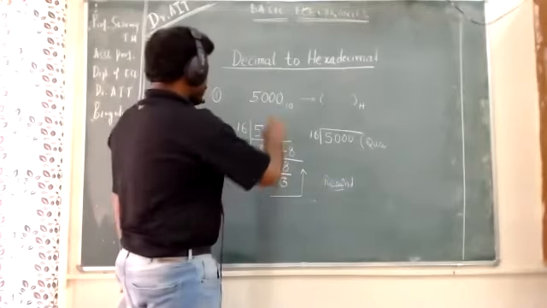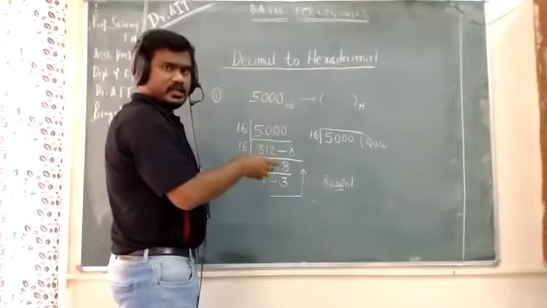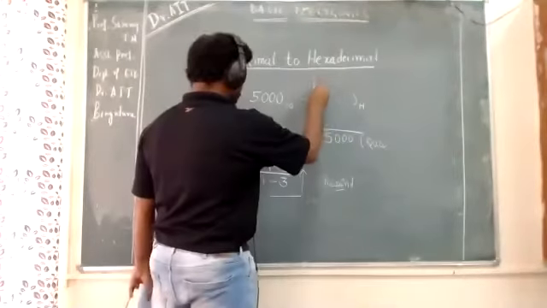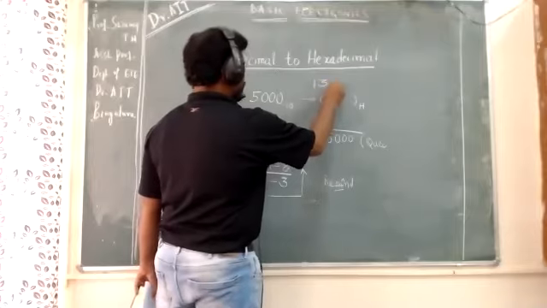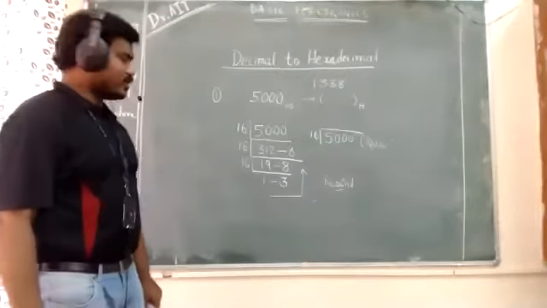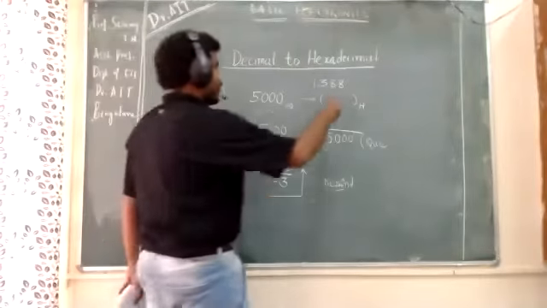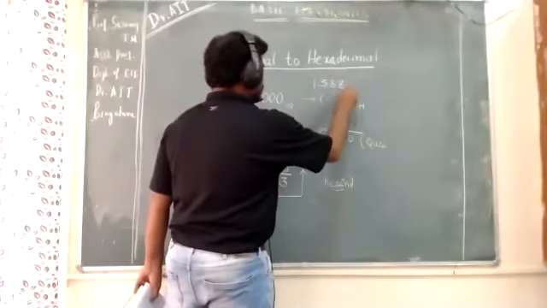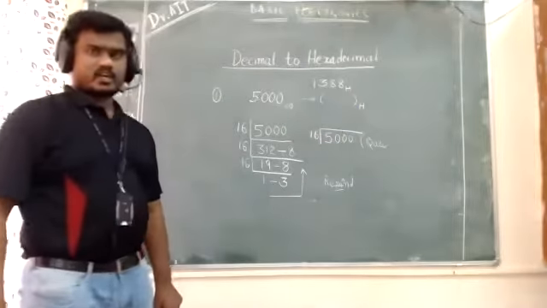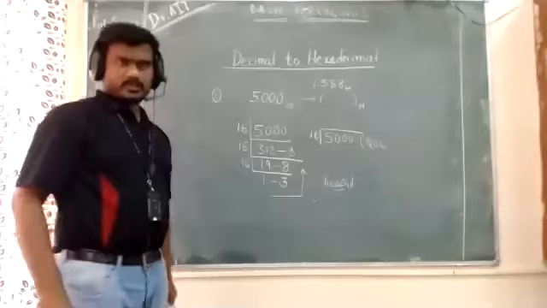Therefore, for the decimal number 5,000, the hexadecimal equivalent is 1, 3, 8 and 8. Okay. So 1, 3, 8 and 8, and I have to represent it as hexadecimal. Okay. This is the answer. And this is how we are converting a decimal number system to hexadecimal number system.